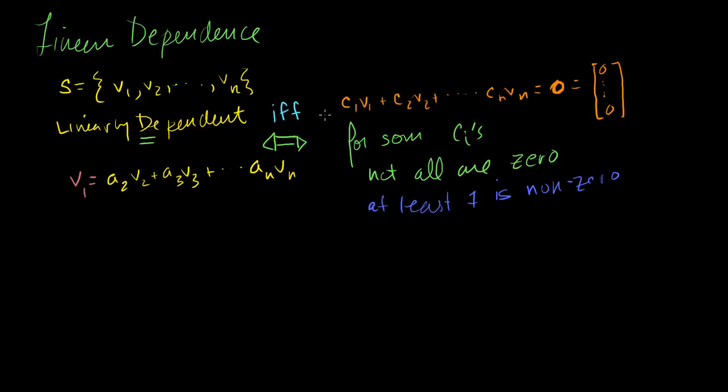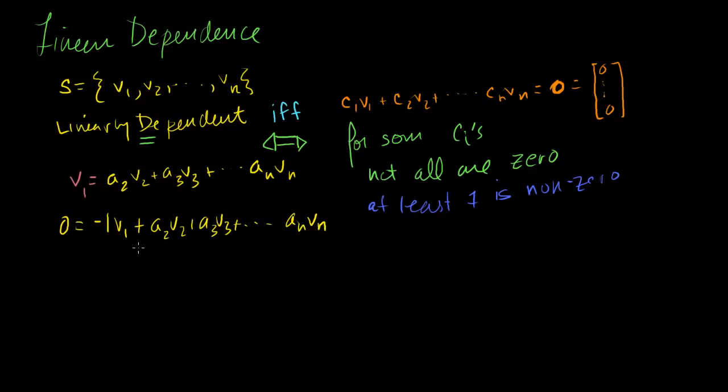So how does this imply that? In order to show this if and only if, I have to show that this implies that, and that that implies this. This is almost a trivially easy proof, because if I subtract v1 from both sides of this equation, I get 0 is equal to minus 1 v1 plus a2 v2 plus a3 v3, all the way to an vn.